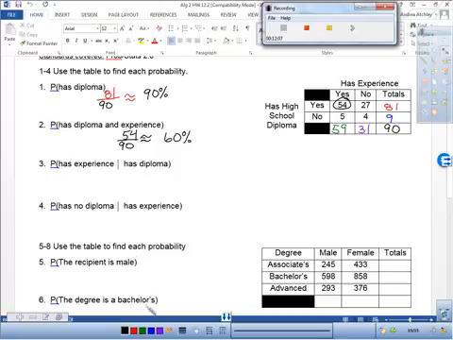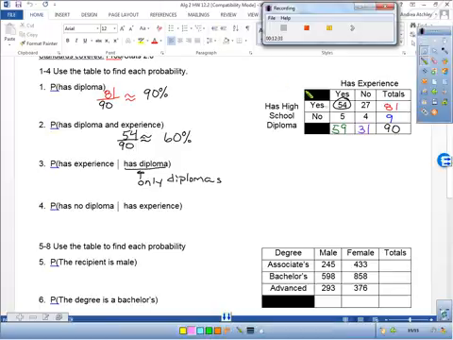Okay, the next one has a high school diploma or has experience given has a high school diploma. So this is only people with diplomas. So you're only looking at the people with diplomas, which is these people here.